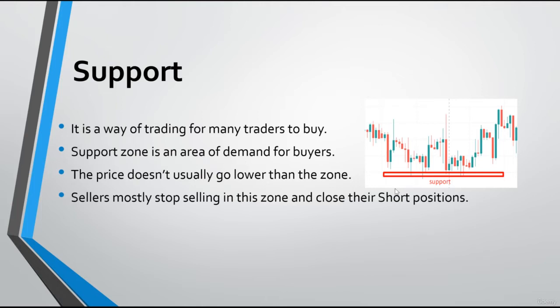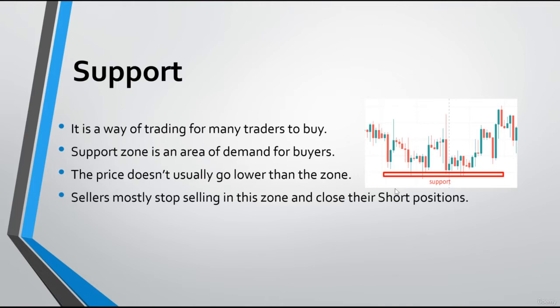You know that in the forex market, in the crypto market, everywhere, we have two types of positions: short and long, or we could say sell and buy. So many people who have sold that currency stop and close their position in this zone.